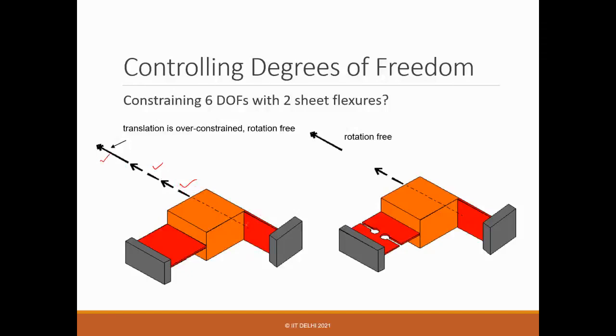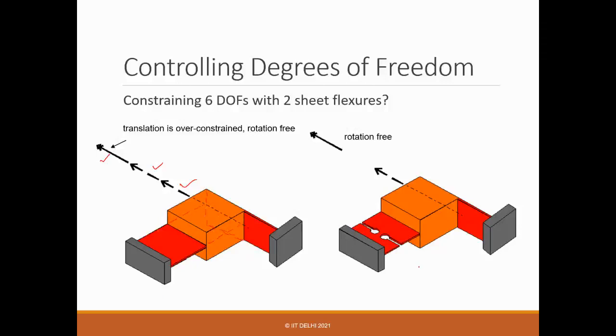So 1 is still left, and that 1 is the rotation along the same direction. If you check carefully, what do you observe? If you extend the two planes, two surfaces, they intersect at a line. So it's a line of intersection of the two sheet flexures.